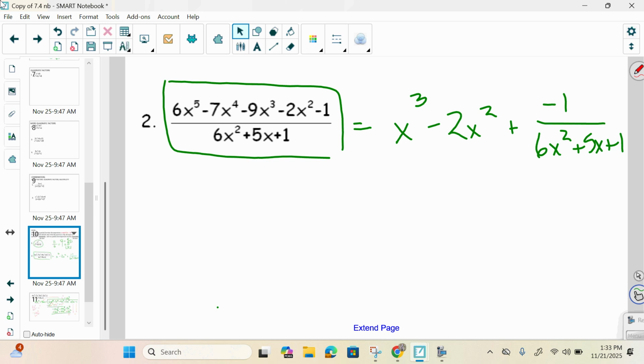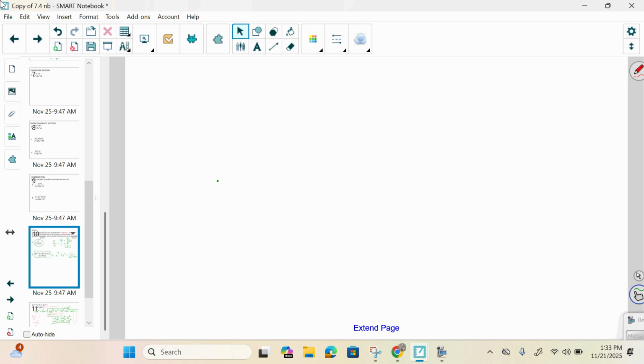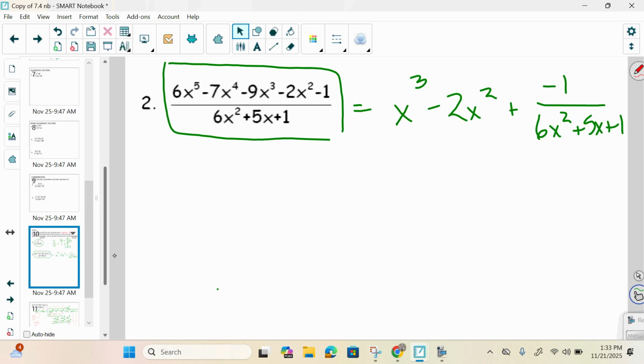So now you're going to take the remainder and partial fraction the remainder. So I'm going to take negative 1 over, and I'm going to factor that: 3x plus 1 times 2x plus 1. So this is why I wanted to do this one first.